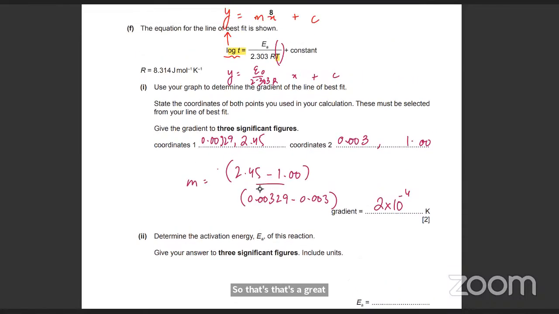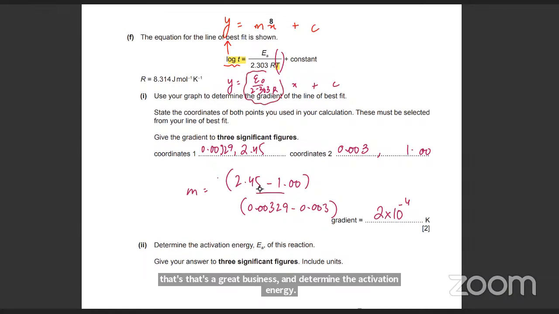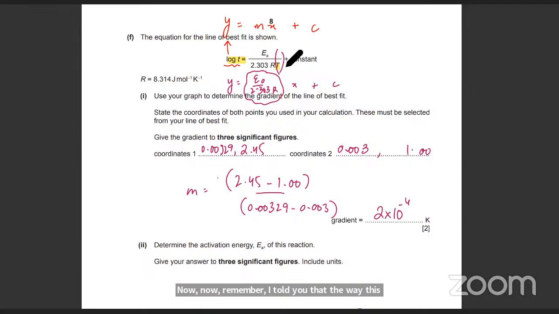Now remember, I told you that the way this equation was written, the M was your gradient, which was E naught over 2.303 over R. And R, I think, is given over here. That's your gas constant. So we plotted log of T versus 1 over T, Y and X were plotted, and we found the gradient.